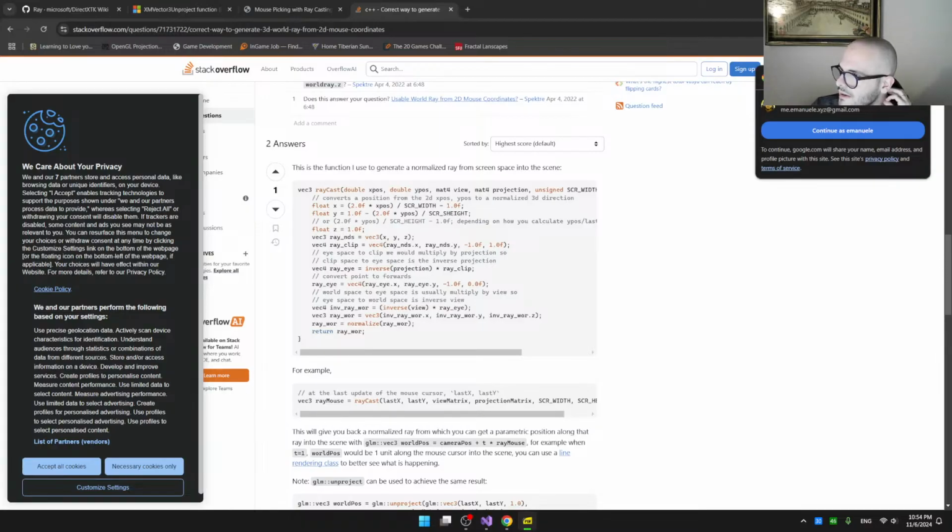Clipping transforms the view volume. A cube like this is called the canonical view volume. So, projection.